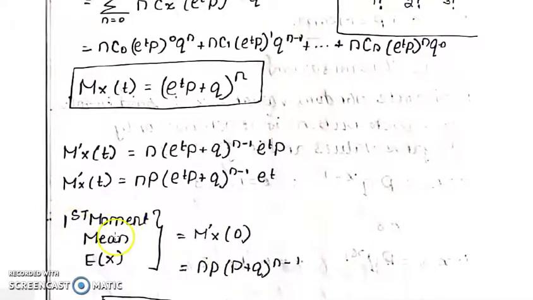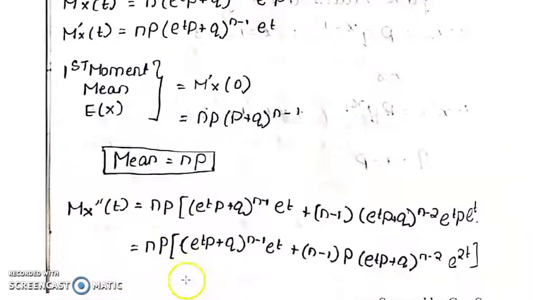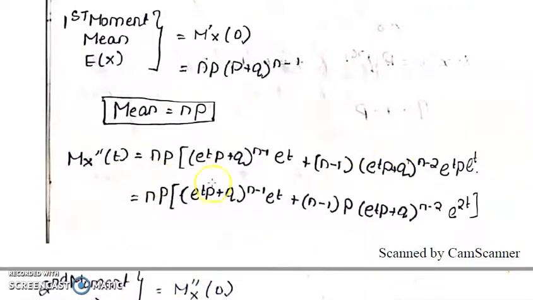The formula for the first moment, that is the mean, is E of x equal to M dash of x at t equal to 0. Put t equal to 0 here. E power 0 becomes 1, therefore np (p plus q) power n minus 1. p plus q is 1 here, therefore the mean is np. Again differentiate this with respect to t. Using the UV formula we get a large expression here.